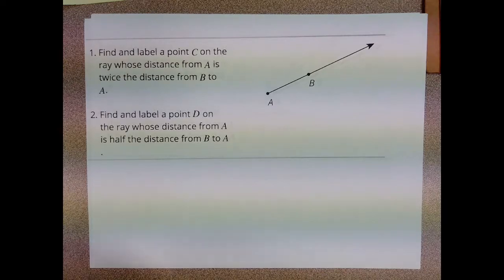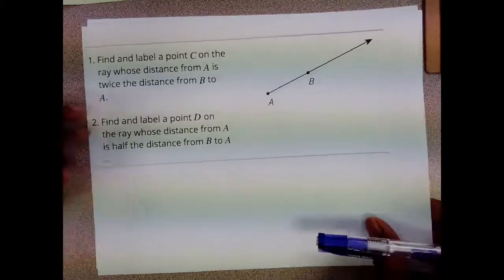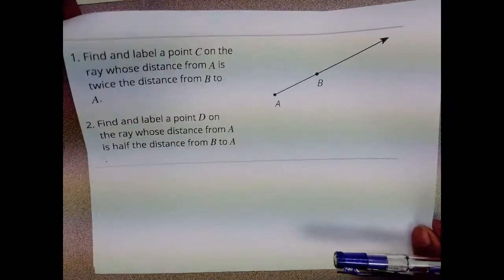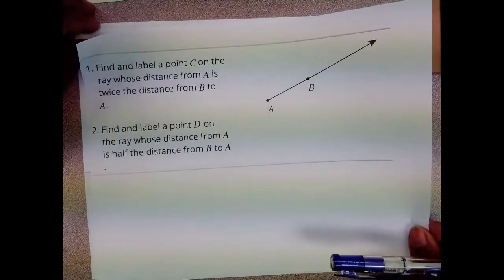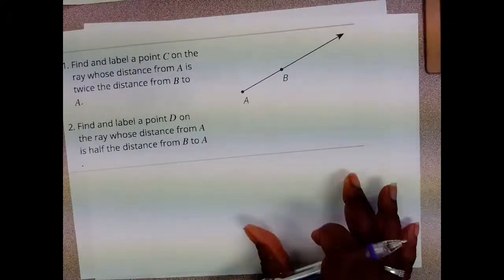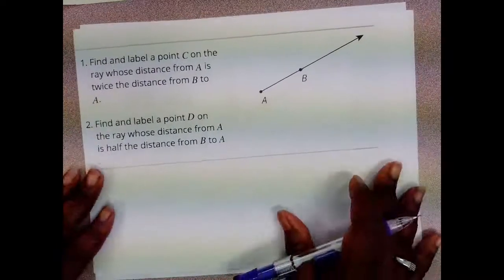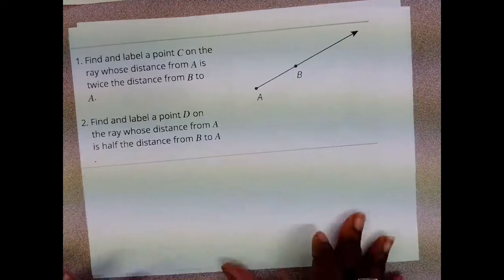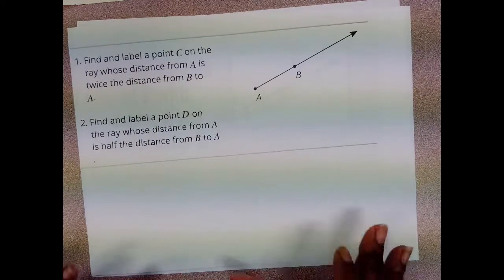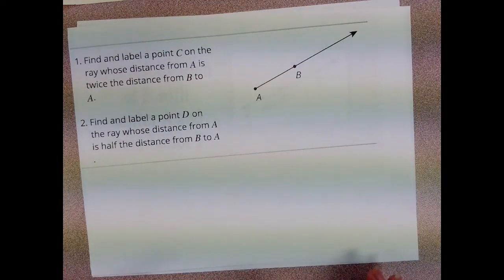If you look at number 1, we are going to find and label a point C on the ray whose distance from A is twice the distance from B to A. So we have this ray AB, and we want to find and label a point C on the ray whose distance from A is twice the distance from B to A.